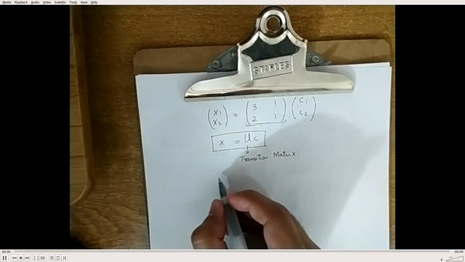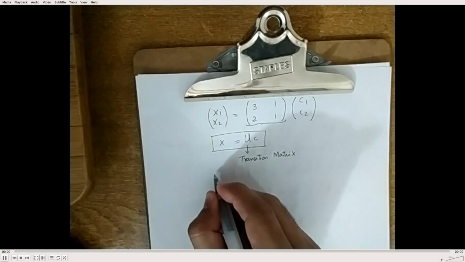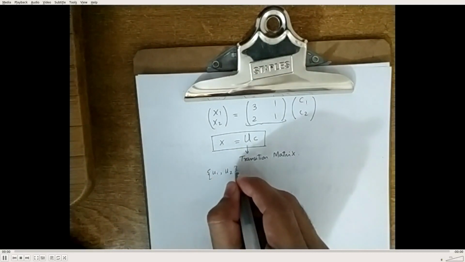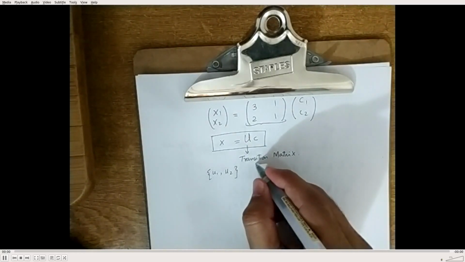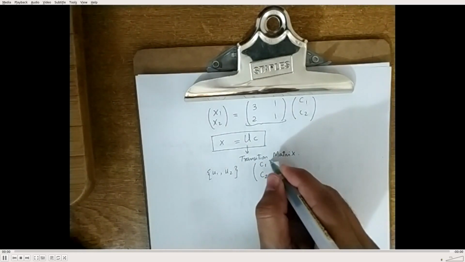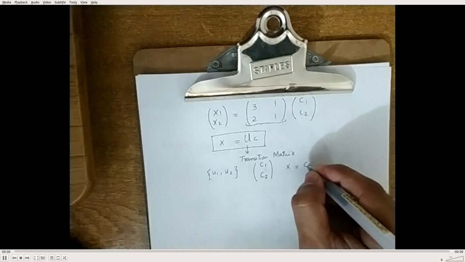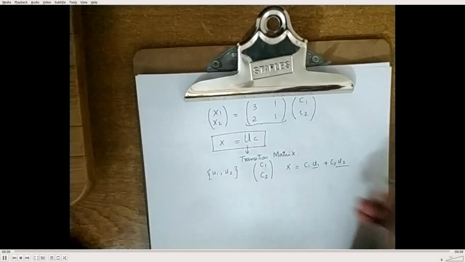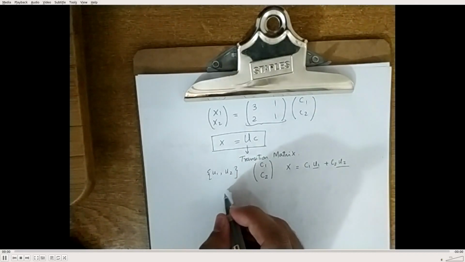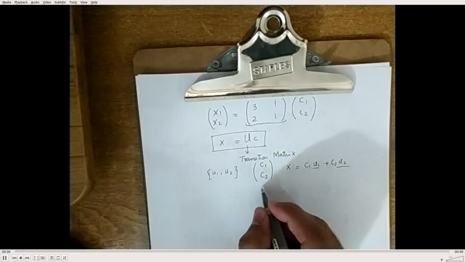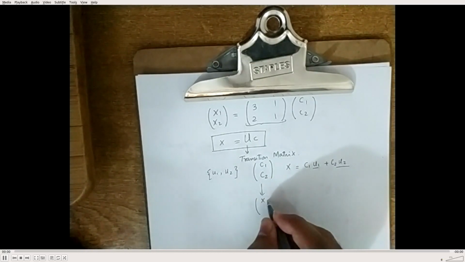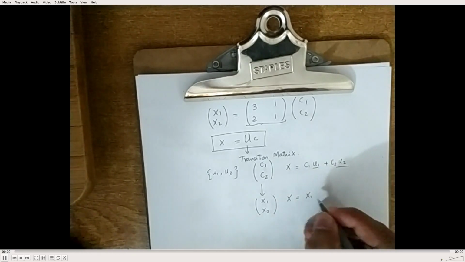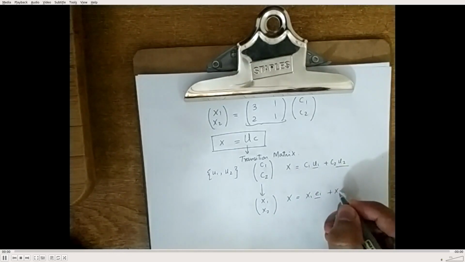The first part was that if I have, for the collection U1, U2, coordinates C1 and C2 such that x was equal to C1 U1 plus C2 U2, then I have a way to switch from C1, C2 to x1, x2, where x is simply x1 E1 plus x2 E2.